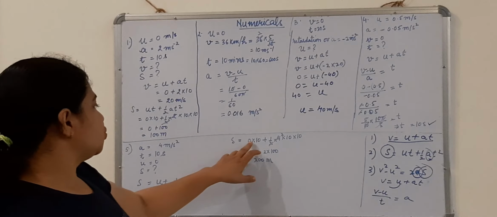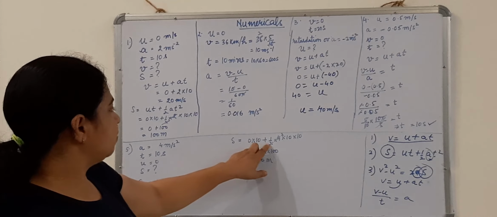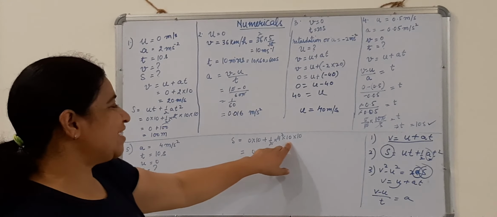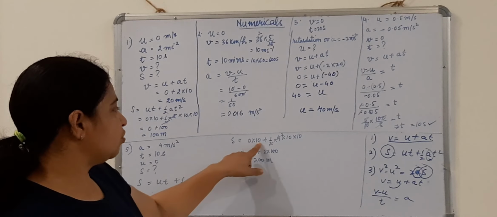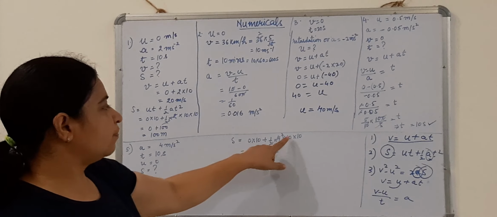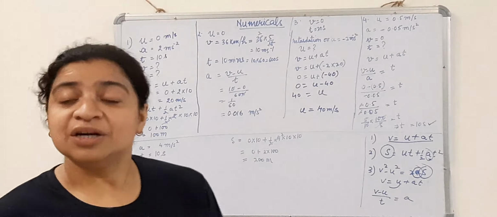So s is equal to u which is 0, times t which is 10, plus half into a, the value of a is 4, t square, t is 10, so 10 into 10. So I got 0 into 10, that is 0. 2 ones are 2, 2 twos are 4, 10 into 10 is 100 into 2, 200. So I got the answer as 200.